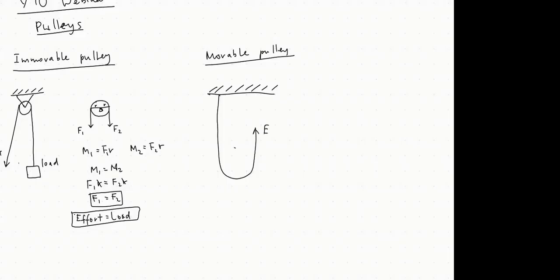The pulley is here, and the load is attached to it. This is the effort. So you're pulling up here, but the load is acting here. The load is attached at the middle of the pulley.